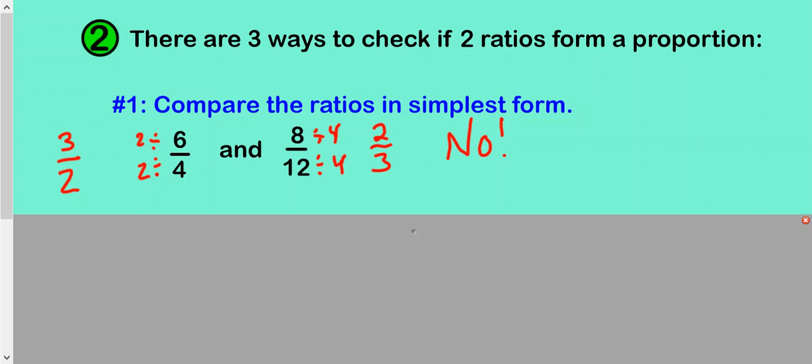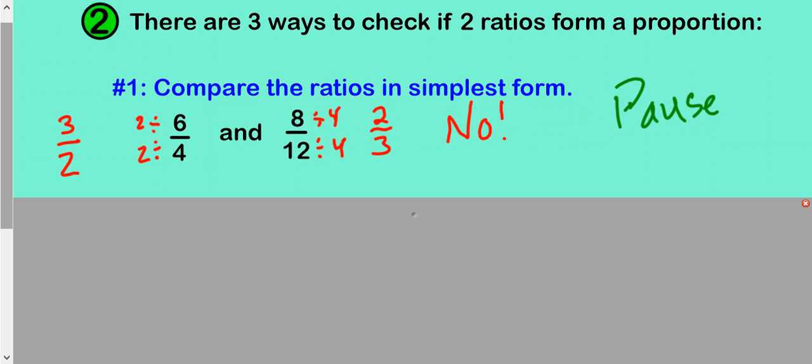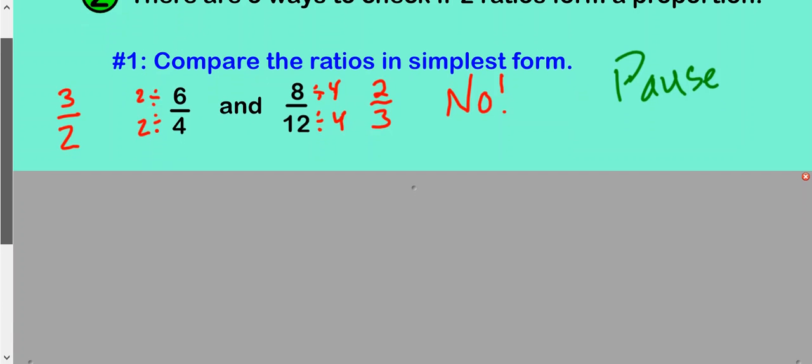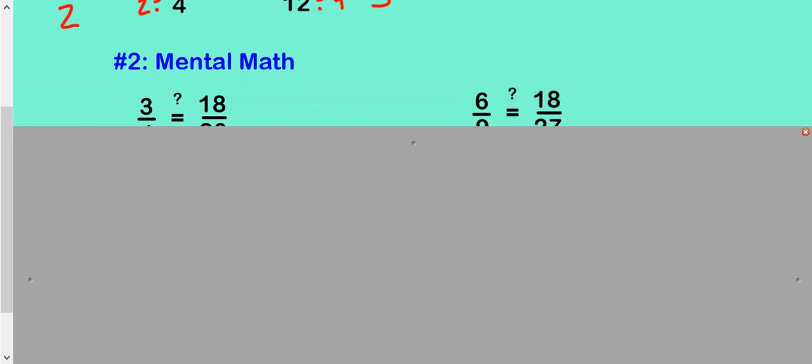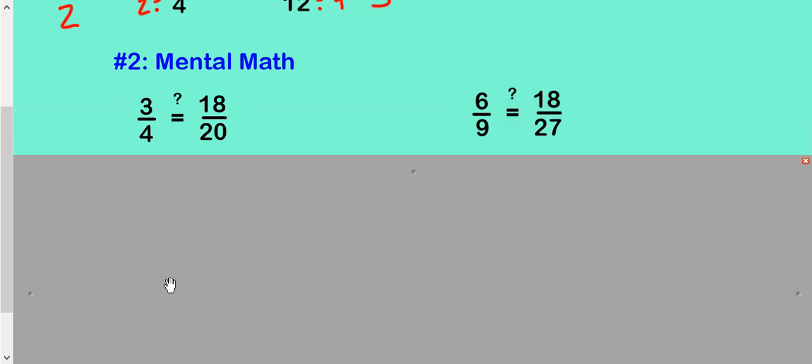Okay, so go ahead and pause and make sure you have this example written down in your notes. Okay, so the first way we can figure out if we have a proportion is to compare the ratios in simplest form. The second way is to use mental math. Okay, so when we're using mental math, we just need to compare using multiplication. So for example, in this first example, we have 3 over 4 equals 18 over 20.